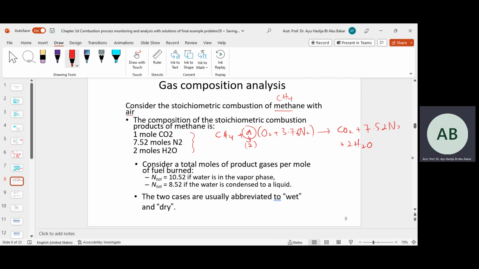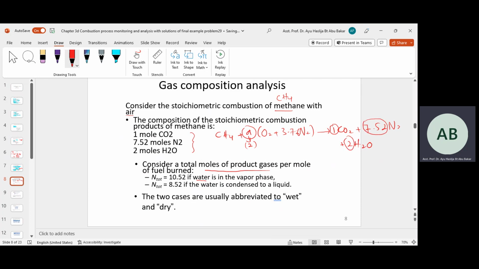Now from here, we consider the total moles of product gases, where the water is in vapor phase or condensed liquid. The total moles are the CO2 produced, which is 1, plus the moles of N2 and the moles of H2O.